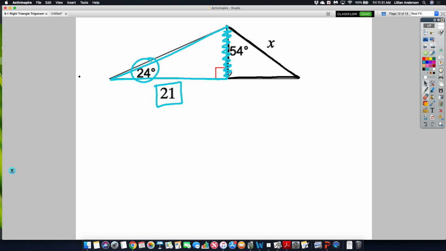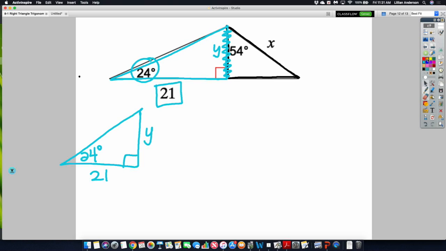So, in order to determine that squiggly line, that shared side between the blue triangle and the black triangle, we are going to use Sohcahtoa. Now, I am isolating that blue triangle so that you guys can see that we're trying to find that squiggly side, which I've labeled Y in both triangles.